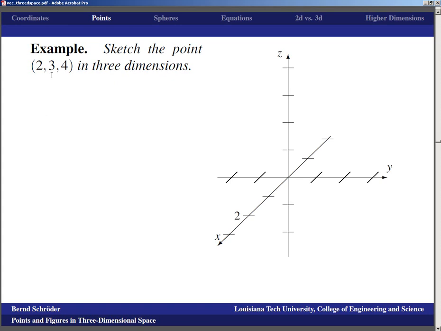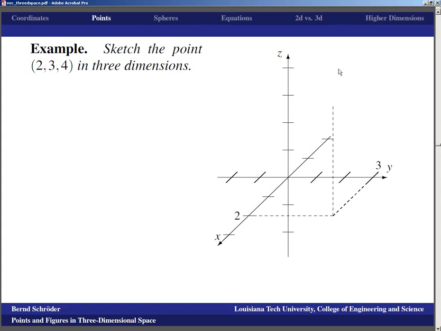Then we know the x-coordinate is 2, and the y-coordinate is 3. So if we go across and up to the x-axis, we know that this point here is 2, 3, 0. And from this point, we're going 4 steps up, and here we just have to realize that this 0 is this 0 here, and this top here is aligned with that 4. So we just measure 4 on the z-axis and transfer that over here.